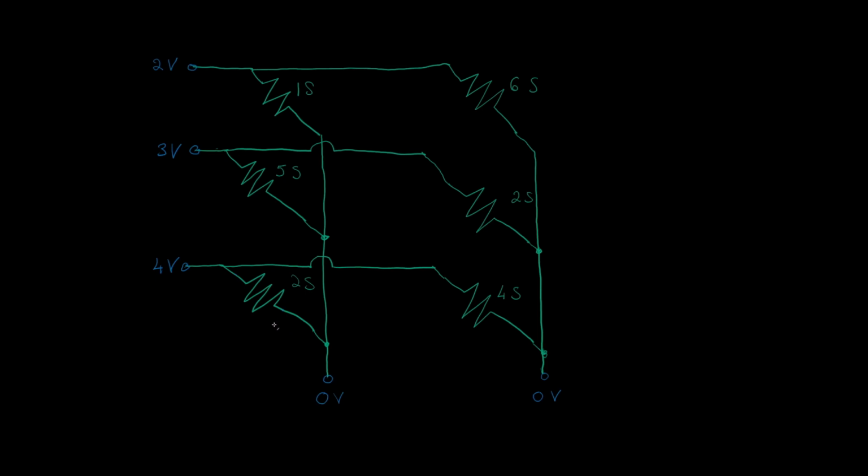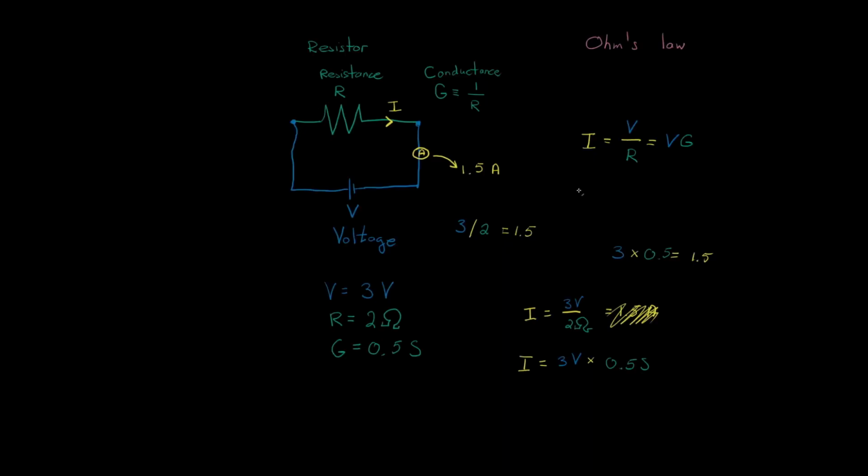What this lets us do is use Ohm's law to compute the amount of current each of these individual resistors produces. Because we know by Ohm's law that the current produced is equal to the potential difference across the resistor times its conductance.